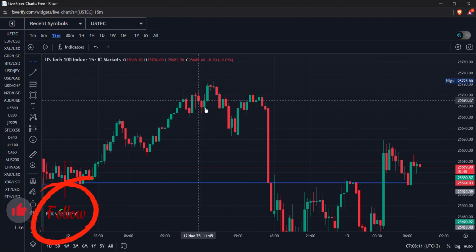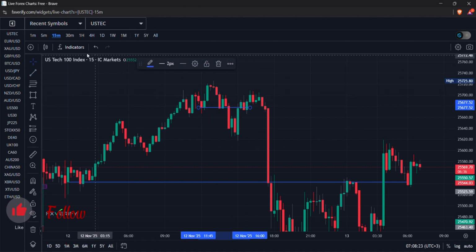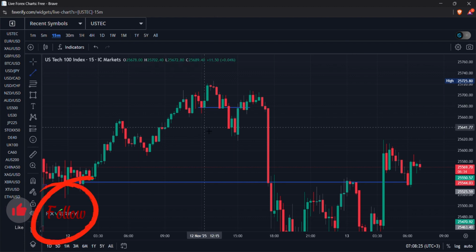This high and a higher high, when they are usually violated to the lower side here, consequently this order block 2 was violated to the lower side here.